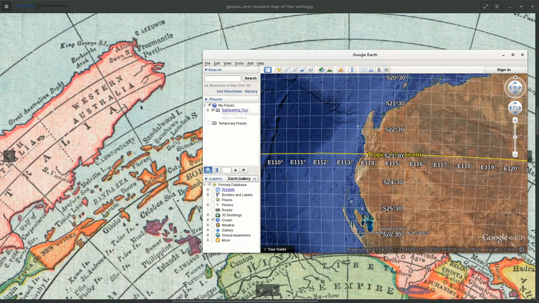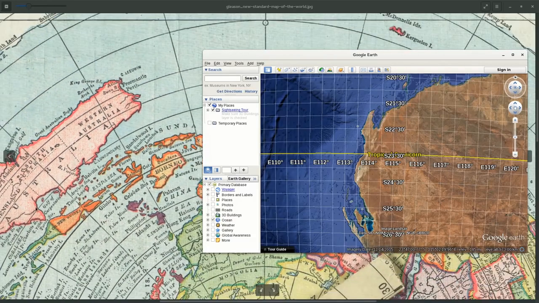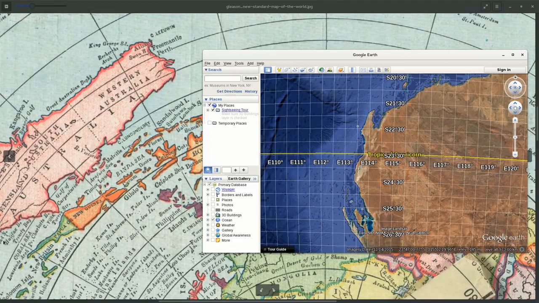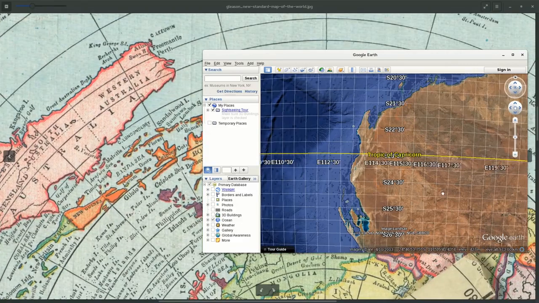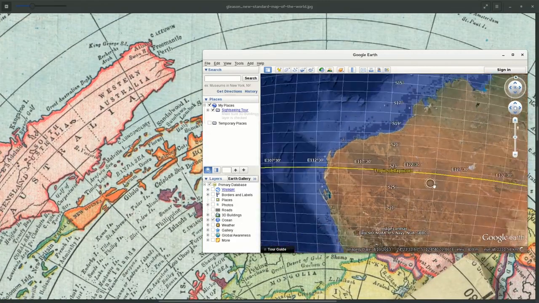For instance, right here we're looking at the Tropic of Capricorn, and you can see the geographical distinctions. You have the little bays, or whatever they want to call it, the peninsulas. And if you look up on the Gleason map, you have the exact same features, and the Tropic of Capricorn comes across the exact same point at the exact same coordinates.